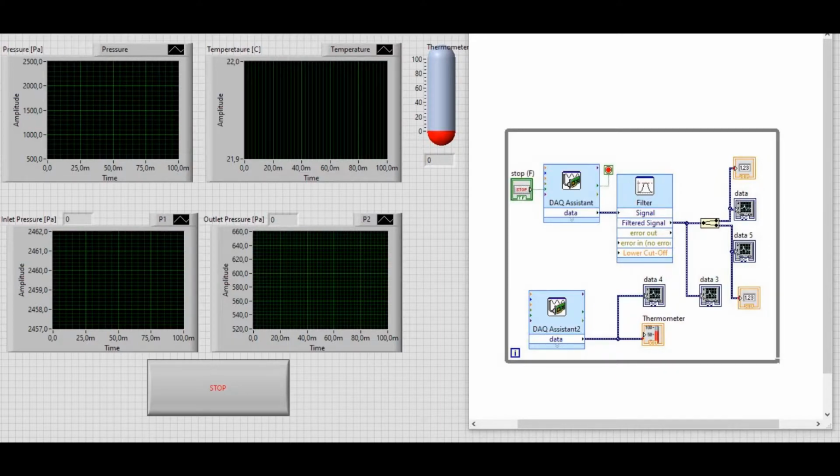And as it can be seen on the block diagram, the data gathered from the sensors are filtered before appearing on the graph.